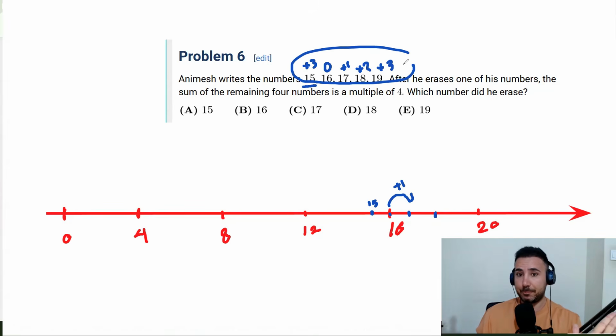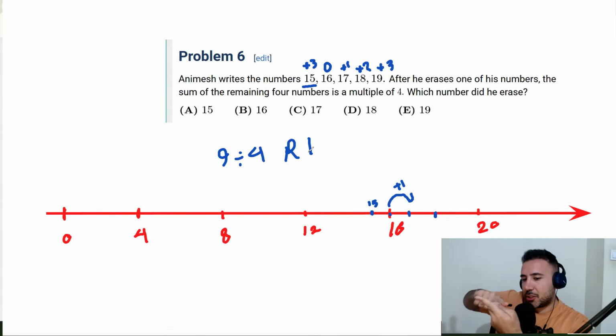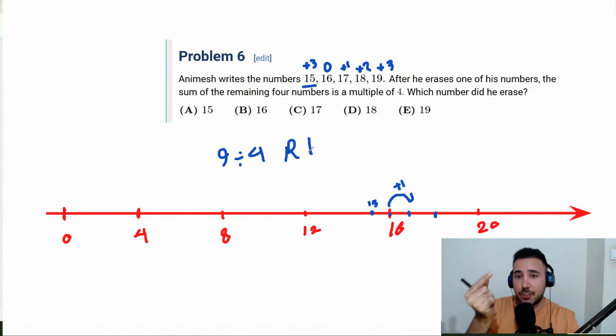Now, let's add them all up. 3 plus 0 plus 1 plus 2 plus 3. That's a 9. Is 9 divisible by 4? No. When you divide 9 by 4, what is the remainder? The remainder we have is just going to be 1. So that means if we remove a number that has a 1 extra, it will be okay. And that would be 17.